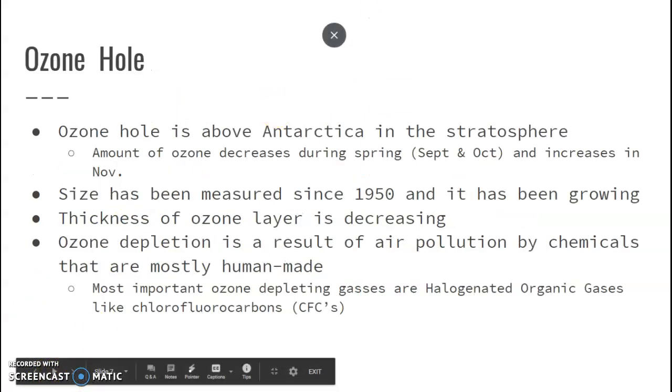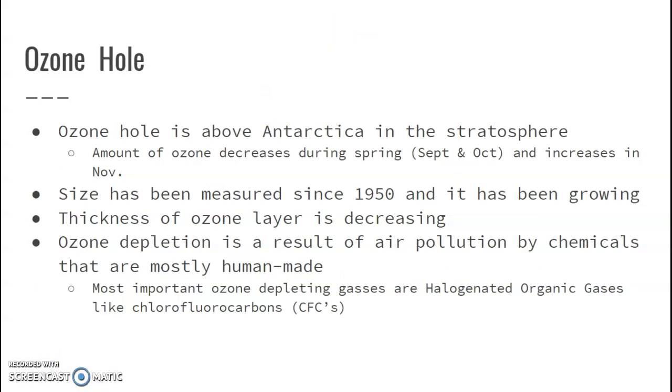So, what's the ozone hole? The ozone hole is a break in the ozone layer, a hole, that's directly above Antarctica in the stratosphere. Now, the hole varies in size and shape, and it varies seasonally as well.